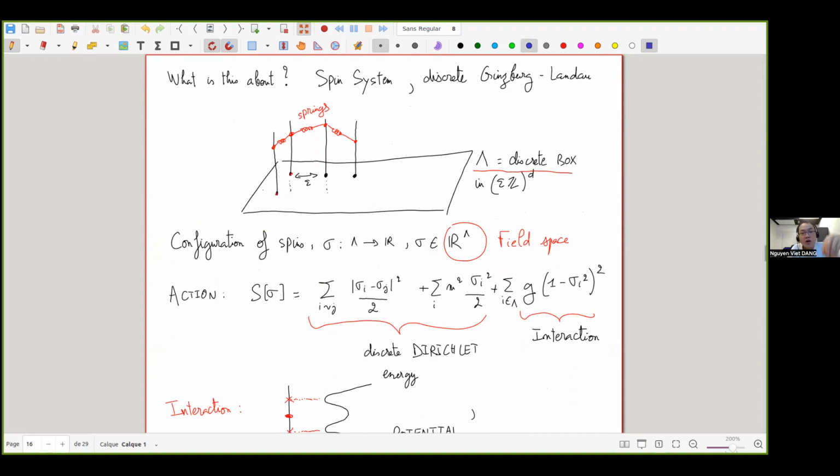And over each lattice site, there is a spin. The spin takes values in R. It's an R-valued spin. And your spins are connected by springs. You have these elastic springs between neighboring spins.